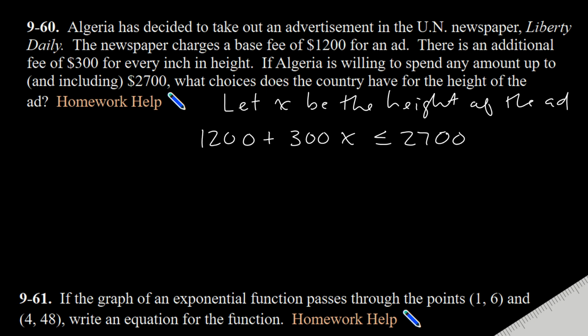Because it says they're willing to spend any amount up to and including $2,700. So what I'm saying here is this expression is how much they're spending, and that amount can go as high as 2,700, but it can't exceed that. It can be 2,700, but it can't be more than that.